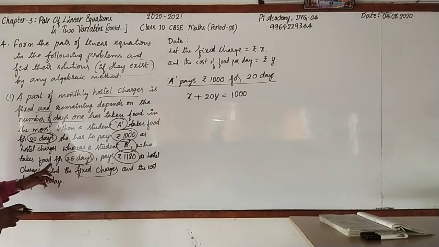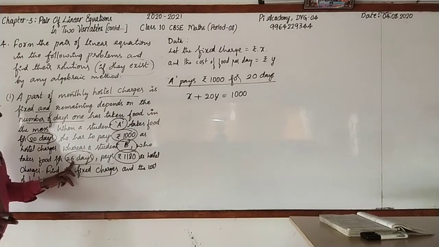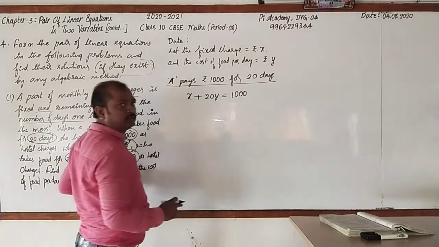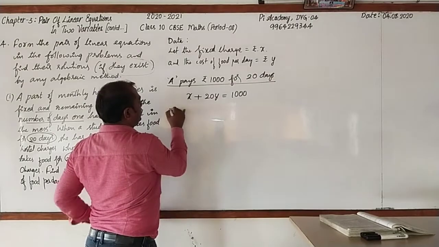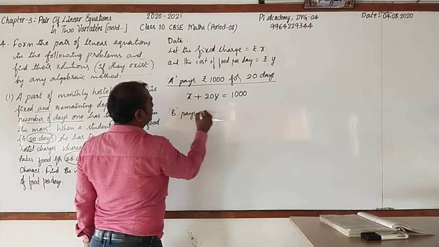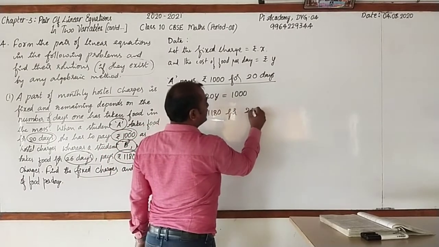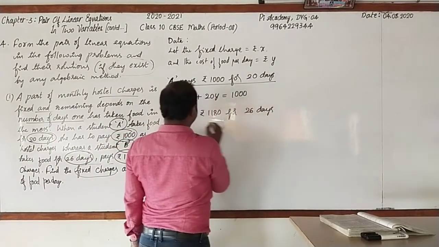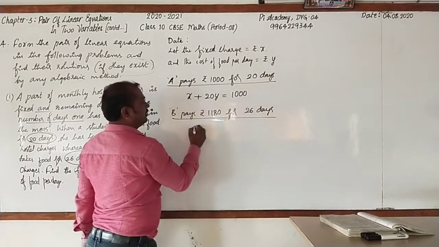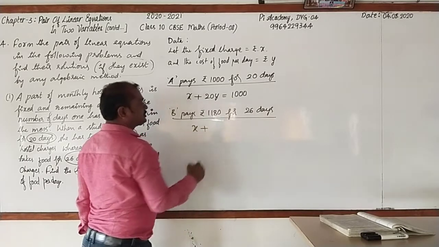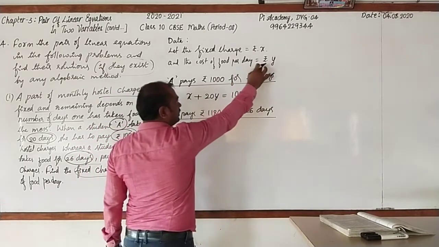Student B takes food for 26 days by paying 1180. Here I'll write B pays rupees 1180 for how many days? 26 days. Then here I'll write fixed charge X, for 1 day, Y rupees.